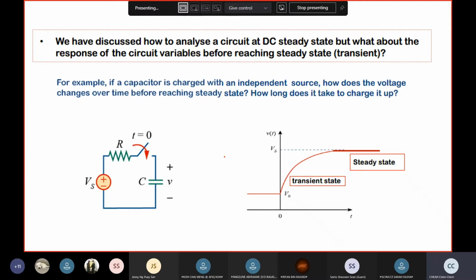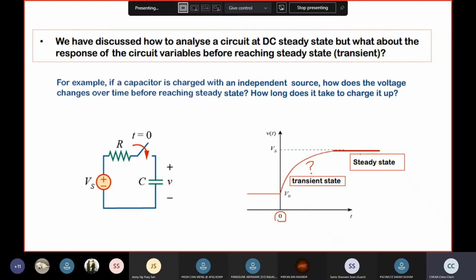However, we may also be interested in the transient. Transient means the stage between the initial state and steady state. Before it reaches steady state, what happened? Just now I showed you these circuits.